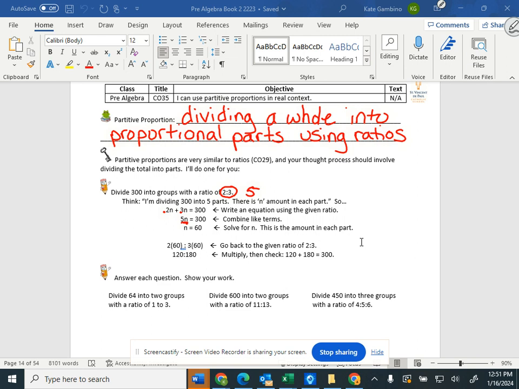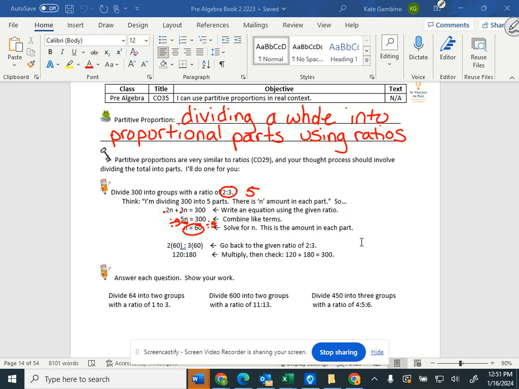5 times n equals 300. If we're multiplying by 5, the opposite would be to divide by 5. 300 divided by 5 gives us 60. So now we know that each part is 60.